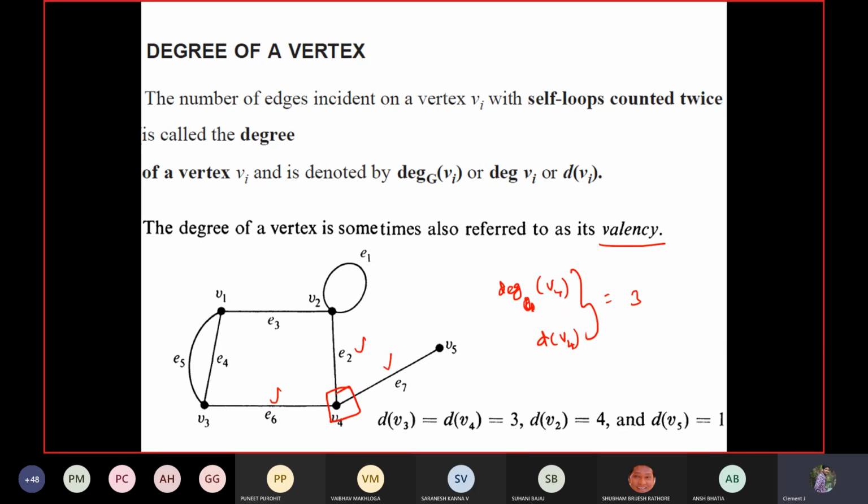Next, they have given one more point. Here the degree of V1 is 1, 2, 3, so the degree of V1 is 3. Next, the degree of V3 is 1, 2, 3. But the degree of V2 is 1, 2 plus 2, that is 4. Degree of V2 is 4. Here there is one rule, one theorem.